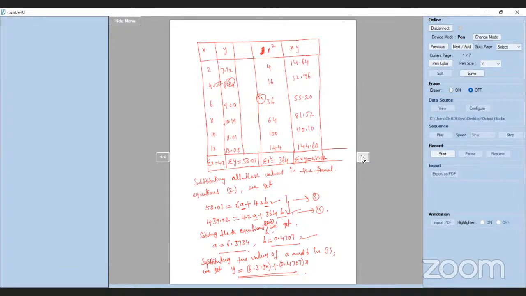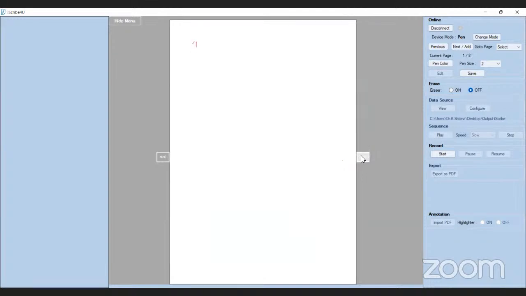Okay. This is the required least square approximation to the given data.